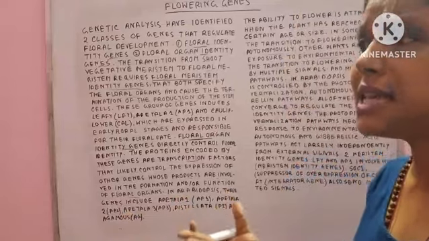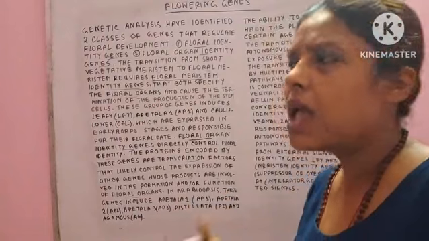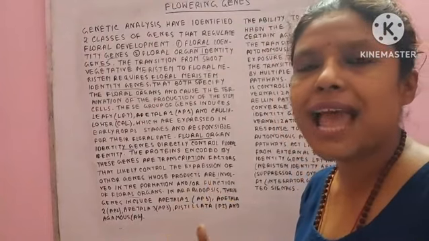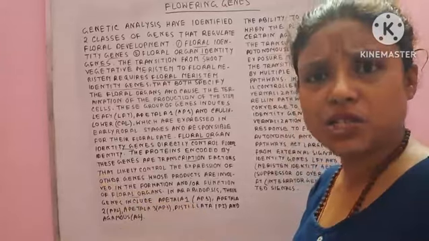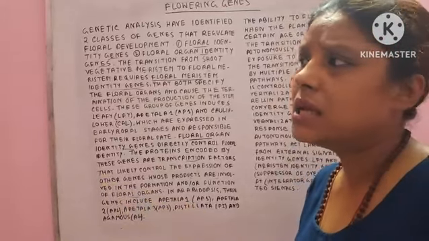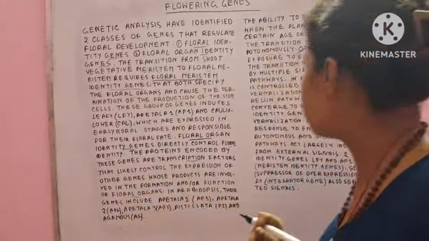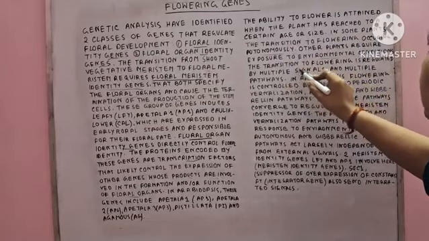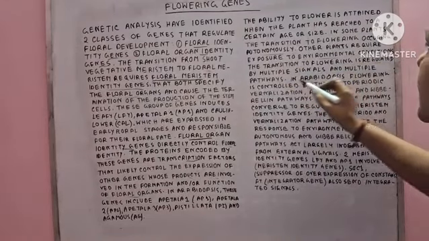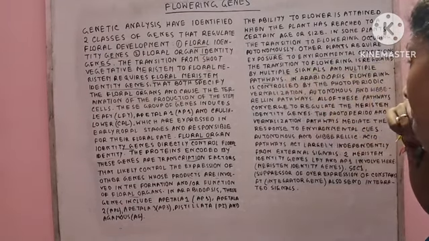You just see that some plants have flowers in the winter season, and some plants have flowers in the summer season. So seasonal temperature and light are also important factors for the flowering process. Here the transition to flowering is regulated by multiple signals and multiple pathways.